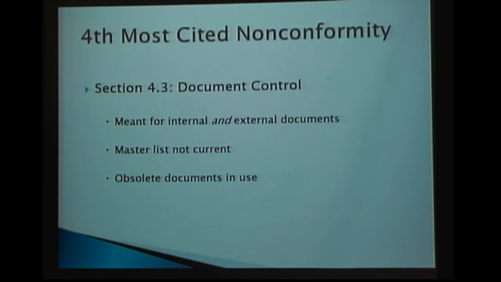It reminds me of an argument we had. Is a master list a document or a record? Well, it's a document that's used to control your documents, right? Part of your document control is to have this record to keep. But it's a record, right? It's both.